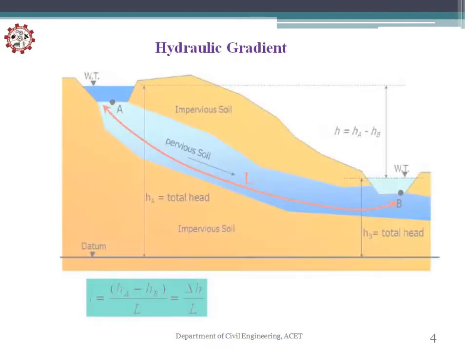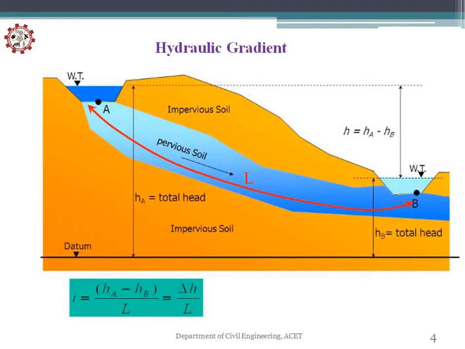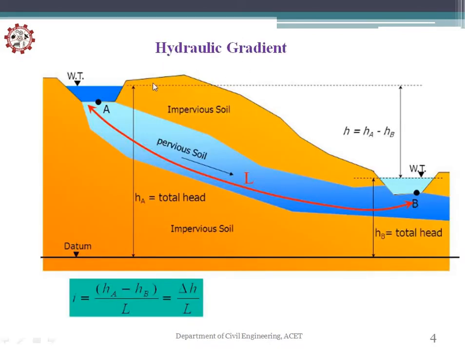So what do you mean by hydraulic gradient? Here if you can see, the figure shows that the water table is on the upper reservoir. This is the impervious soil, this is pervious soil, and this is also impervious soil.